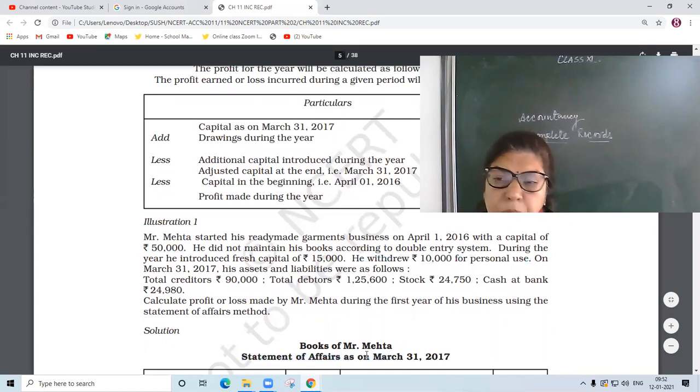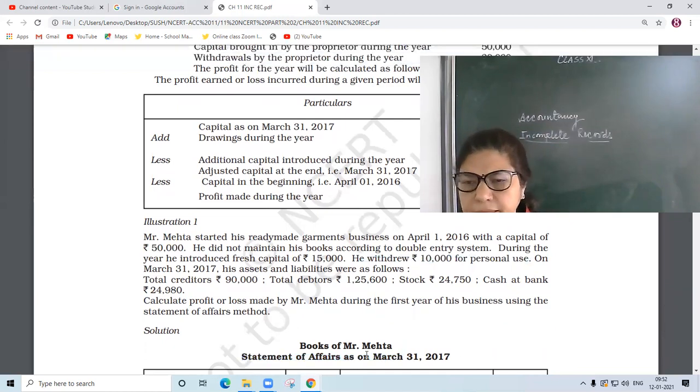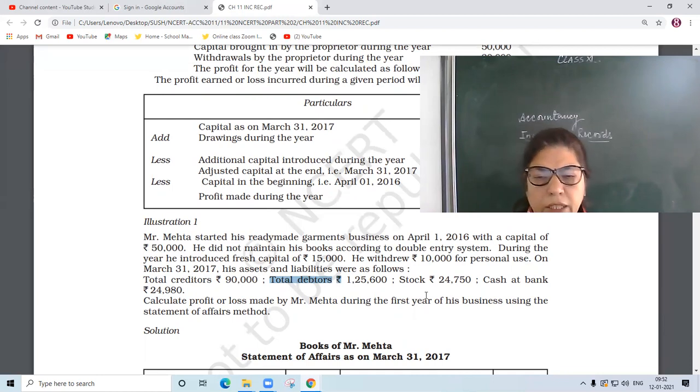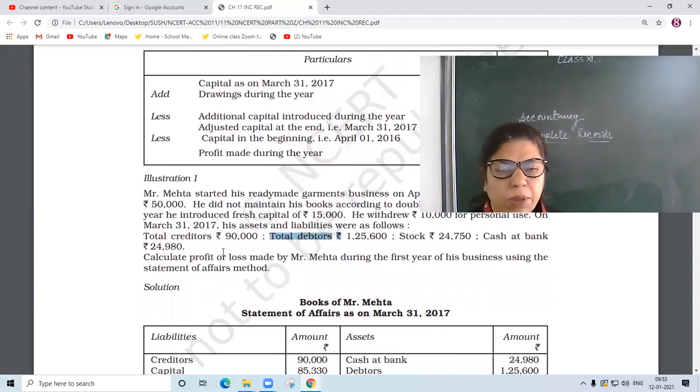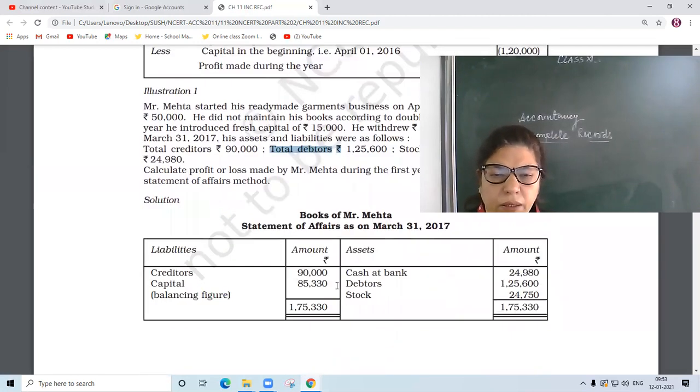Okay, now how to prepare a statement of affairs? Very easy. Just add all the assets. See, creditors given, debtors given: creditors on the liability side, debtors on the asset side, stock on the asset side, cash and bank on the asset side, everything clearly given. So you have to write these. Then the balancing figure will be termed as capital for the businessman.